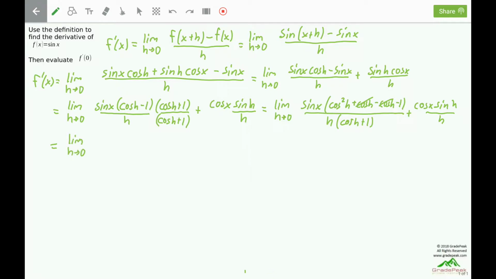And cosine squared h minus 1, from the identity sine squared plus cosine squared equals 1. I will write that up top here, sine squared h plus cosine squared h equals 1. We can rearrange this by subtracting a 1 to the left and subtracting a sine squared to the right, it looks like we can replace that with a negative sine squared of h.